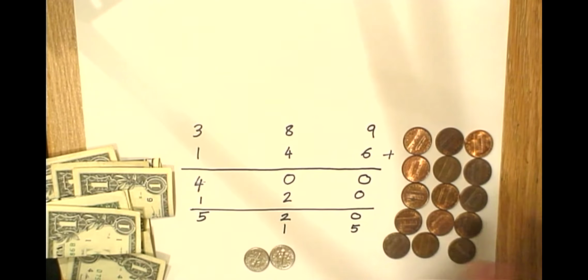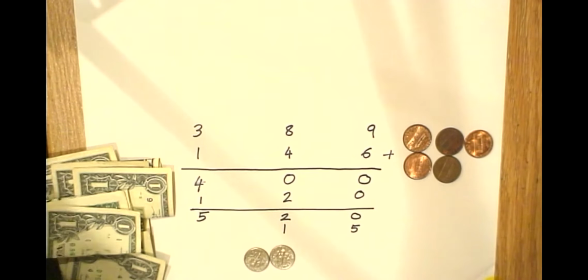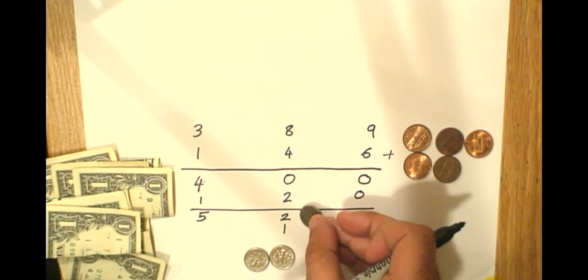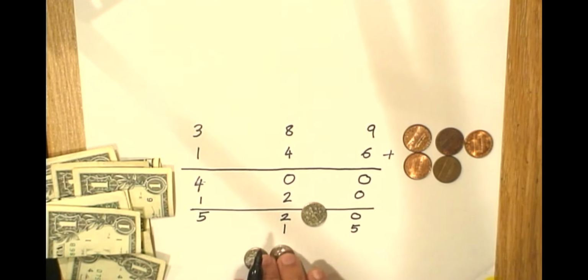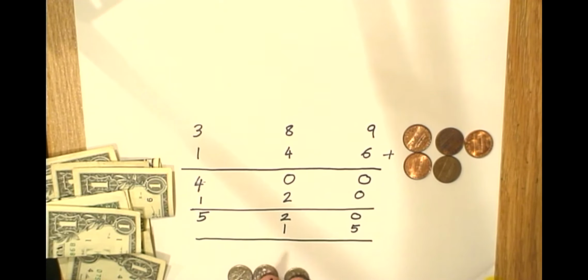And again, since no one likes to carry around that many pennies, we take 10 of them away and replace them with a dime, which is this digit 1 over here. That's what that 1 symbolizes. So we now have a total of 535 cents.